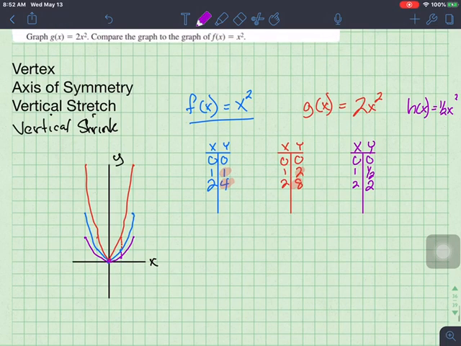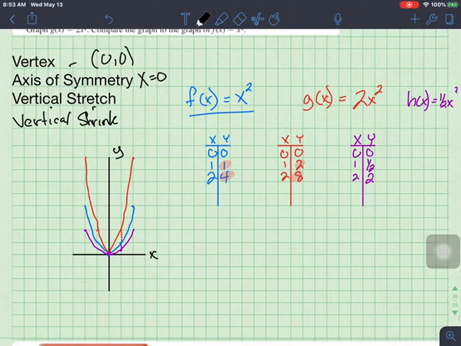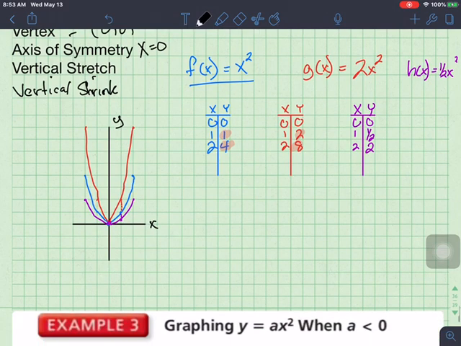When we compare these, they have the same vertex at (0, 0). They have the same axis of symmetry, x equals 0. So that's how we would describe these three. We would describe based off of f of x equals x squared. The g of x is a stretch, and the h of x is a shrink. And so hopefully you can see it's a vertically shrinking per given input.